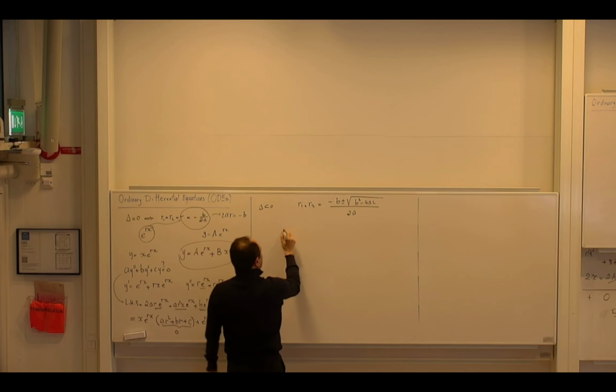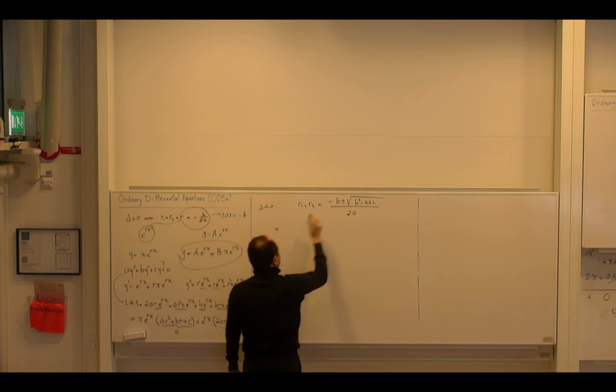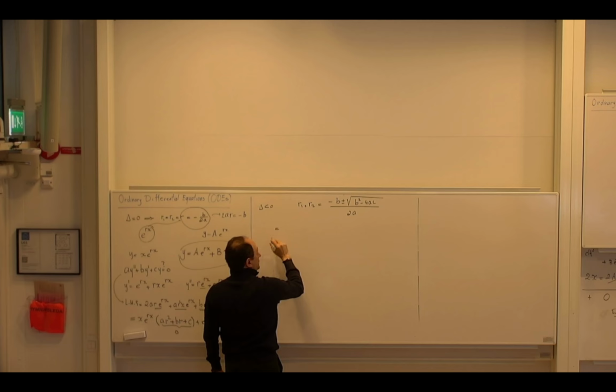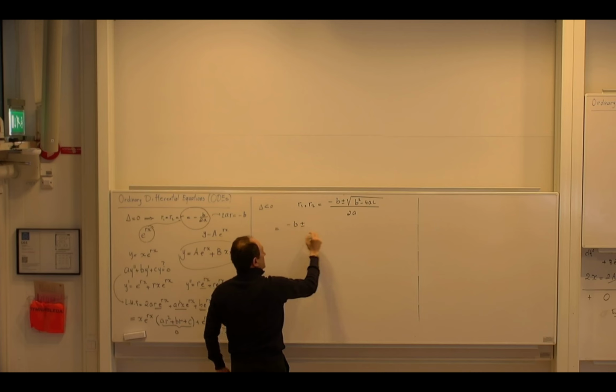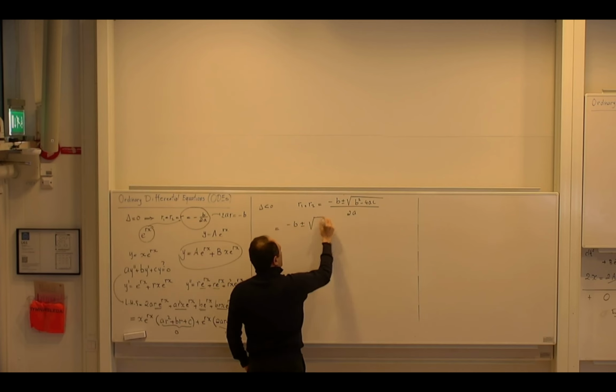So if you don't mind, to make it positive, let me factor a minus sign out. So what happens? It becomes minus b plus or minus, let me write it this way for you, 4ac minus b squared over 2a.